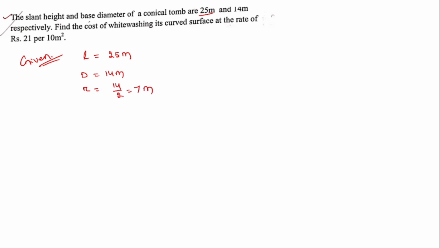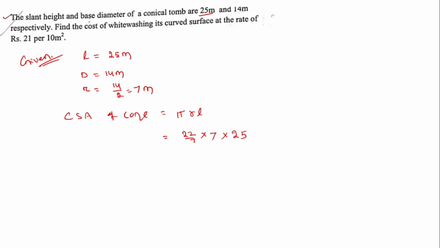Now find the cost of whitewashing its curved surface area. Okay, so curved surface area, it is a cone, yes or no? So first find out the curved surface area of the cone, formula is pi r l. So put the value, pi is 22 by 7, into r equal to 7, into l, so l equal to 25.